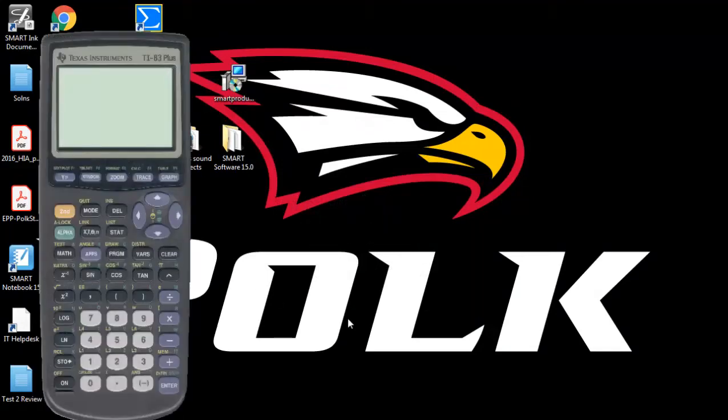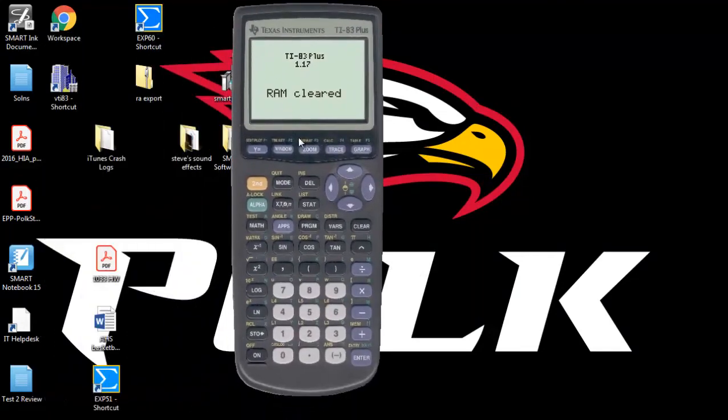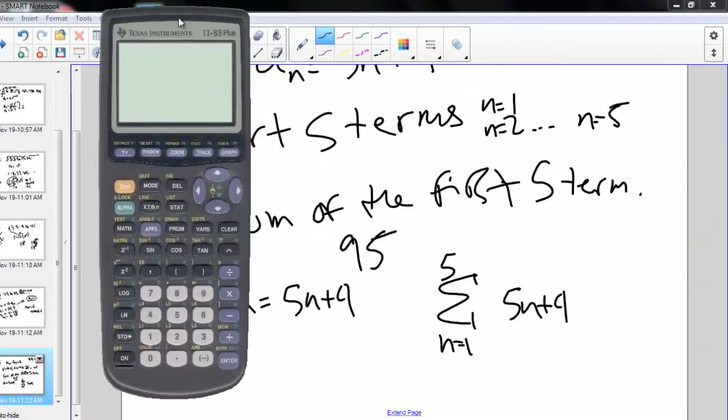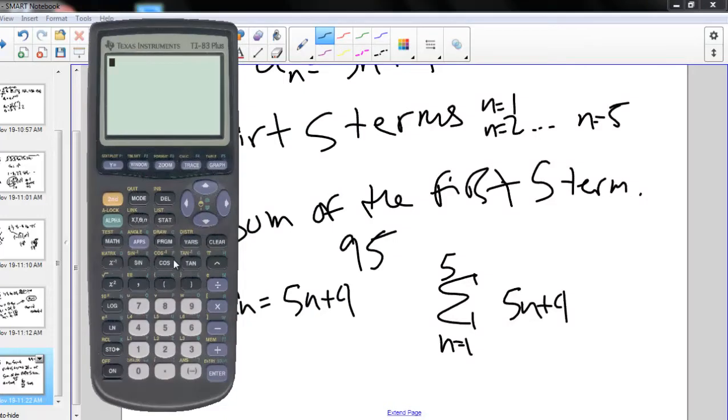Now, I'm doing this live, and I'm not even sure I remember how to do it on the calculator. I ain't going to lie about that. But here's what I think we need to do. If I go to second list, and I go over to math.